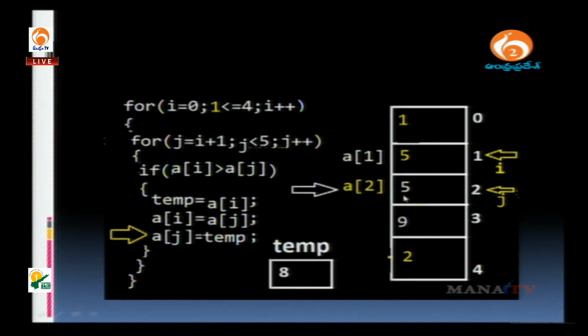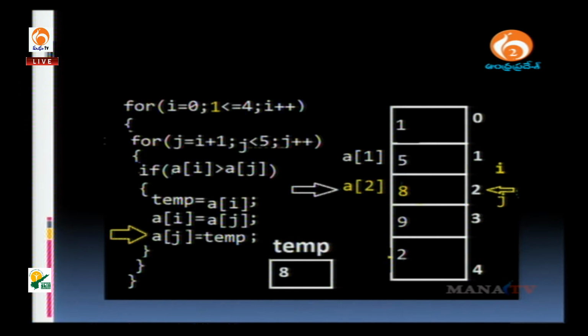Right now it is pointing to a of 2, j means 2. a of 2 equals temp. Temp means 8. This 8 is stored into here. 5 is overwritten with 8. Now we will see 8.